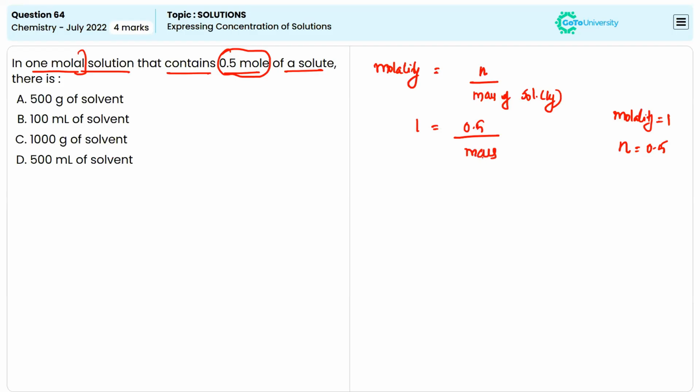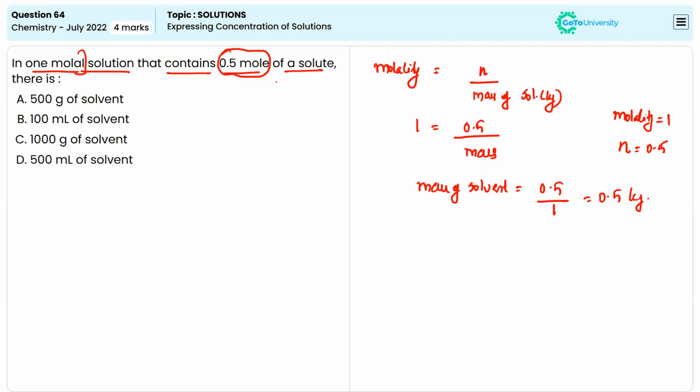That's what they are asking us to find out, right? So the mass of the solvent is equal to 0.5 divided by 1, that is 0.5 kilogram, right?